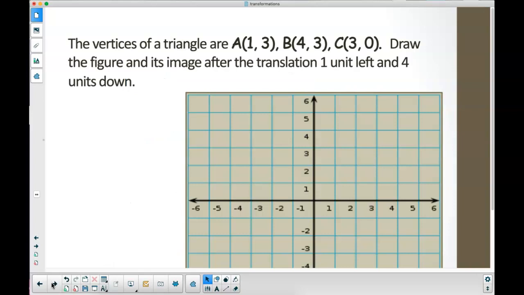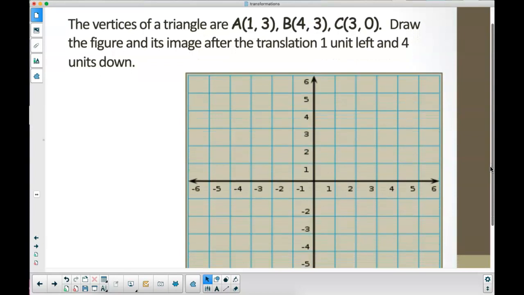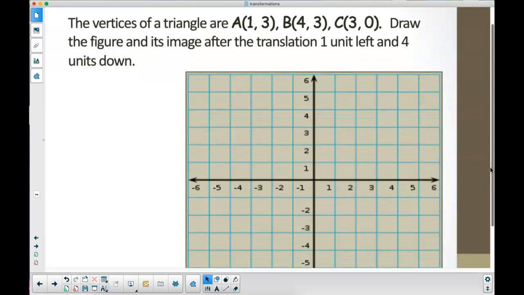Okay, and it says, the vertices of a triangle are A, B, and C. Draw the figure and its image after the translation, 1 unit left and 4 units down. Okay, so first of all, let's draw the figure. We have to remember how to plot a point. Do you remember how to do that?